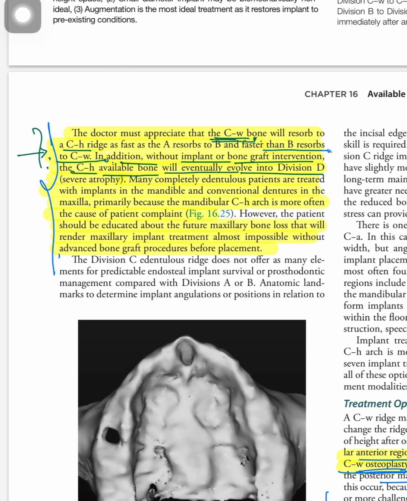You can tell them that this is going to be the sequence of resorption. If you don't take the treatment now, further we might have to do extensive grafting, which would increase the cost of the treatment. So in that way, you will be able to convince your patient to take the treatment.